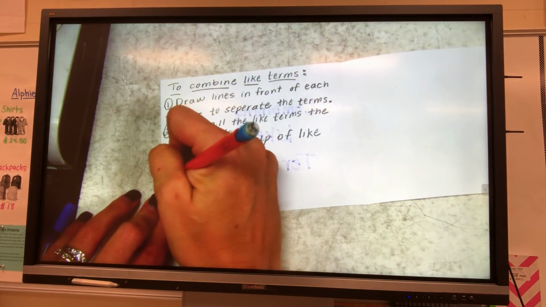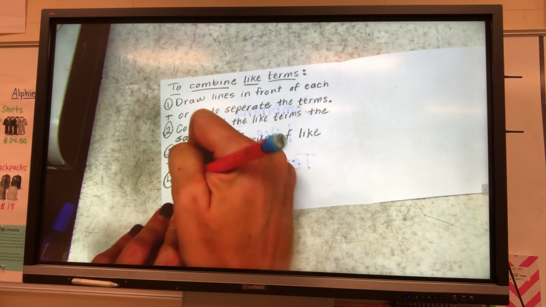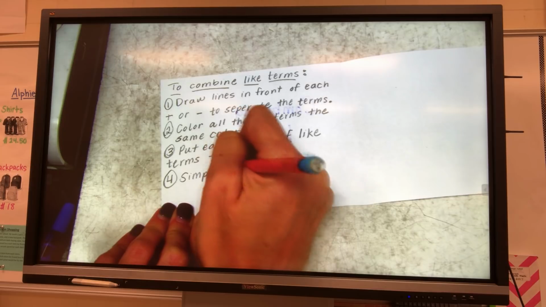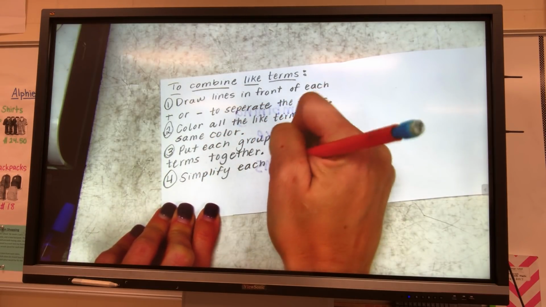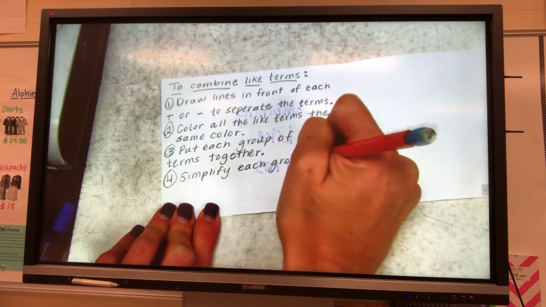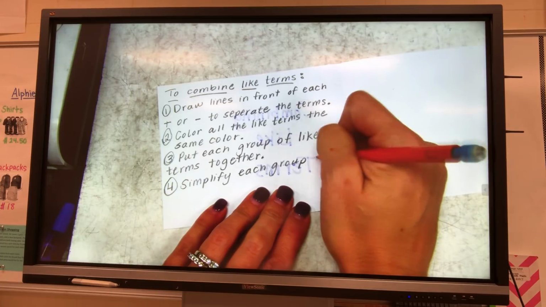Number 4: simplify each group into one single term.